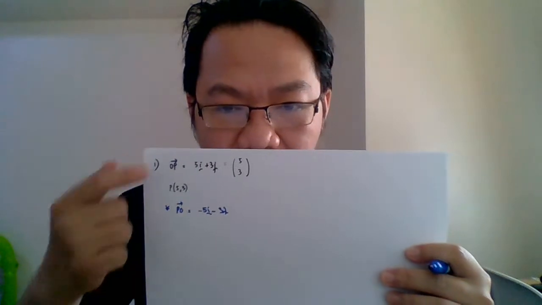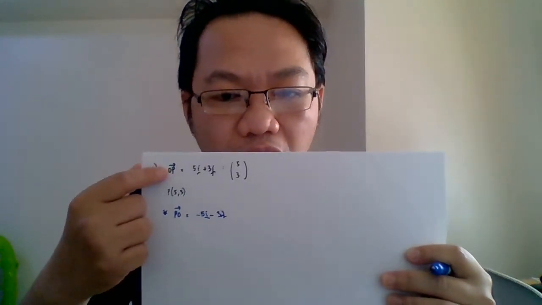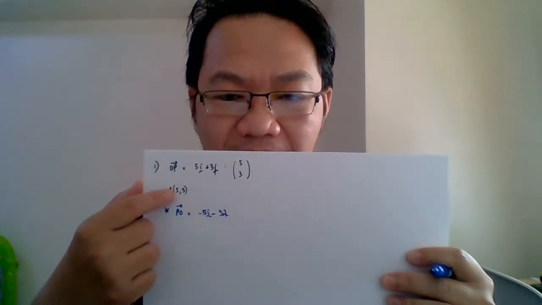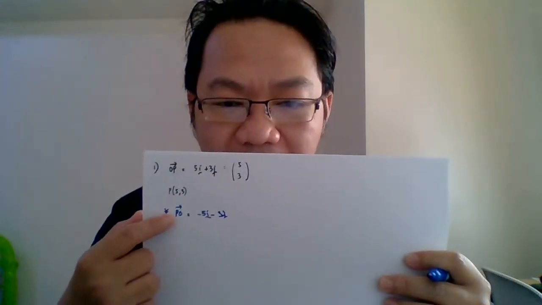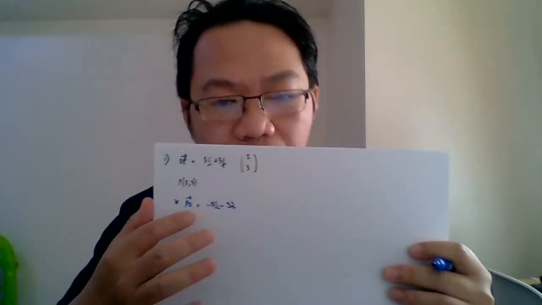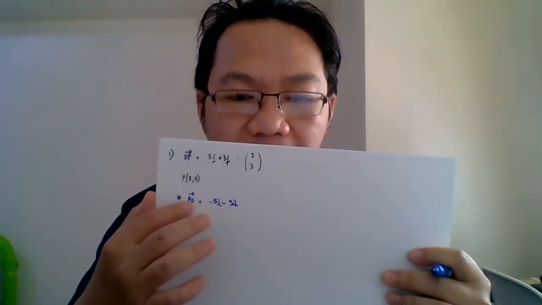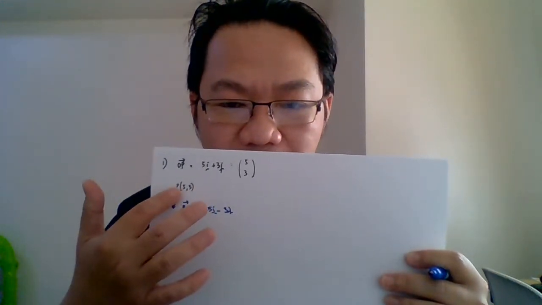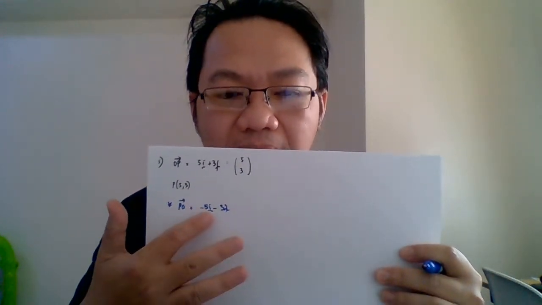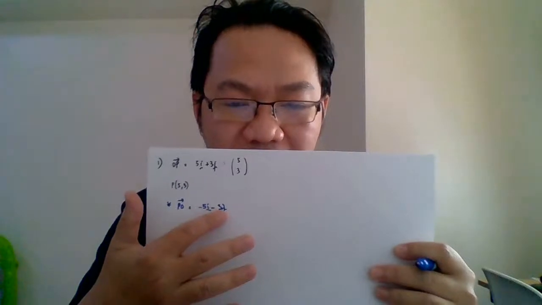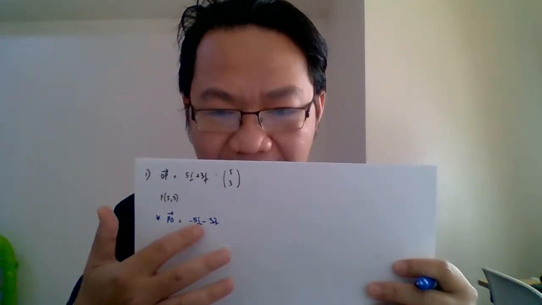Remember that for the vector OP, we start from the origin to P, so just cut and paste the coordinates. But if the question is asking you to find the other way round, which is the vector PO, what happens to the coordinates? Just put negative on both numbers. So it becomes negative 5i plus negative 3j, plus and minus become negative.